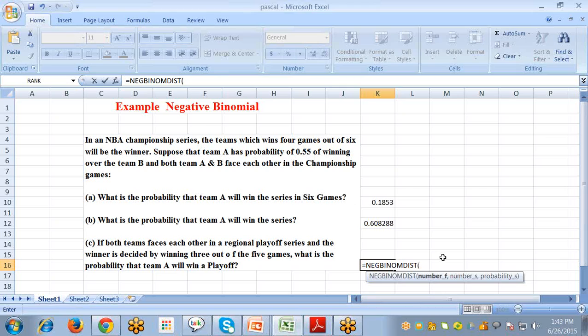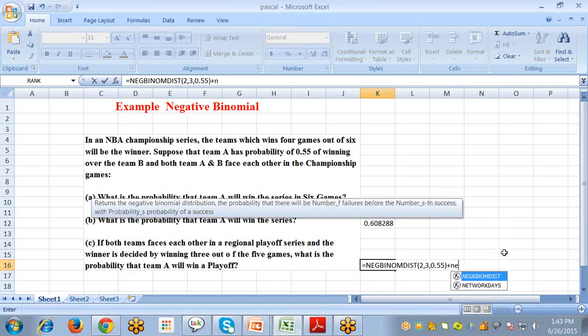So we have to calculate the probability of 2, then the probability of 1, and then the probability of 0. So 2, comma 3, because it is given as winning 3 out of 5 games, so the number of successes will be 3, comma 0.55.